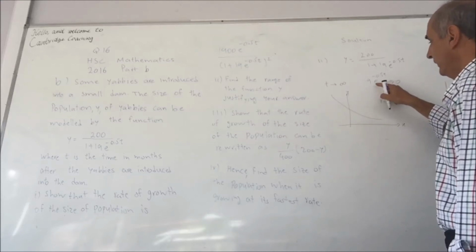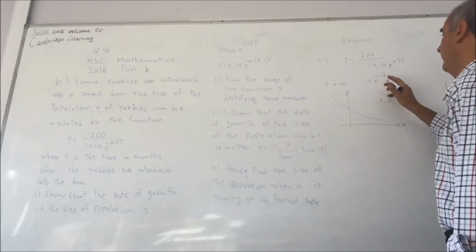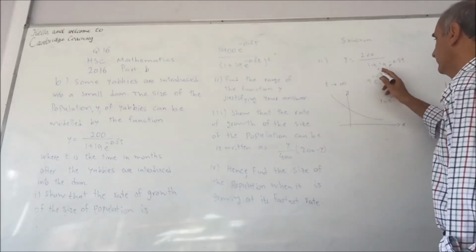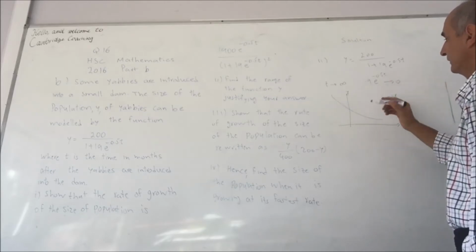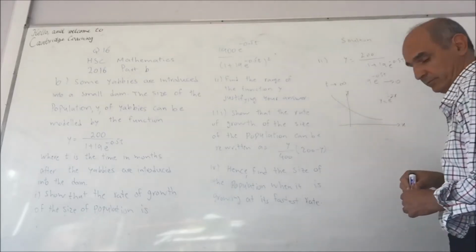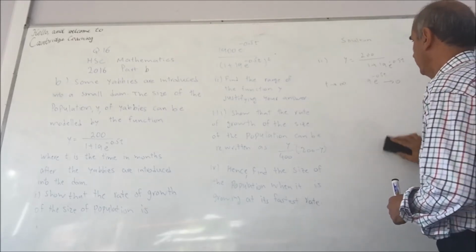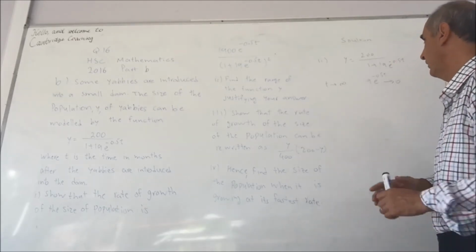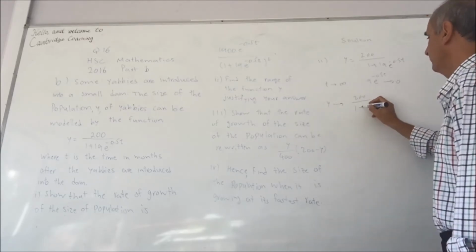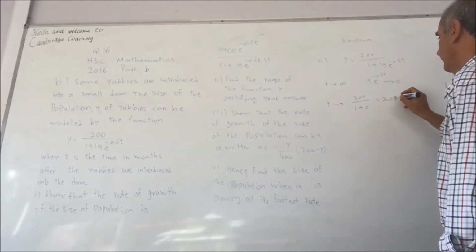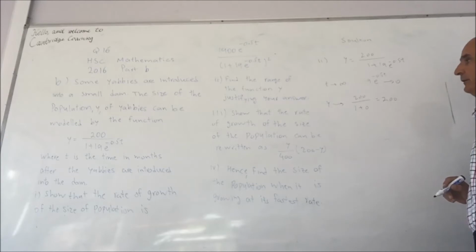So here, as the value of t increases, it approaches 0. So that bit becomes 0. That means your y will approach 200 over 1 plus 0, which is 200. Okay, that is one limit for your y.